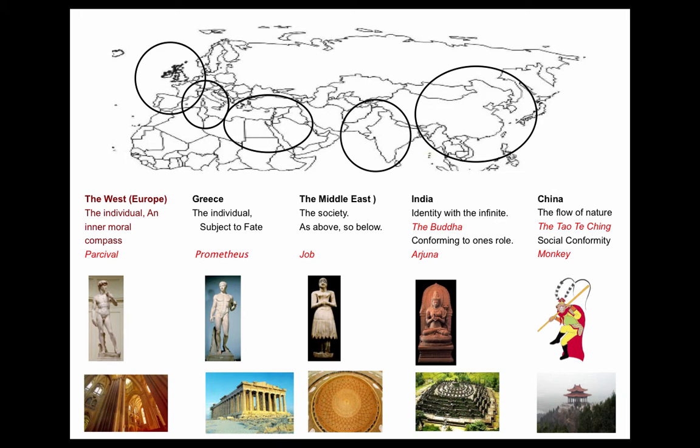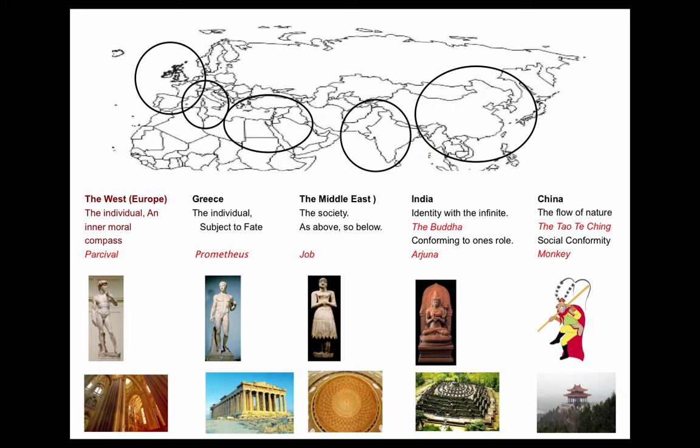Contrast this, for example, with China, and we'll lump China and Japan together here as representative of this East Asian culture, in which we might take as key stories that of the Tao Te Ching, which describes that the underlying essence of all things is a flow, the Tao.